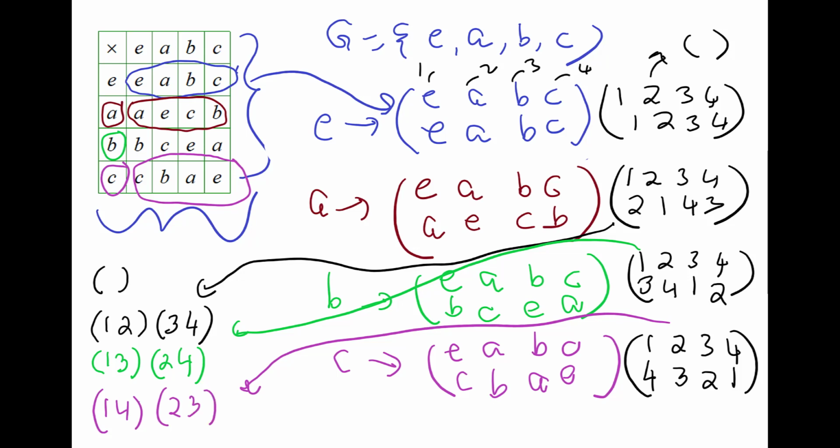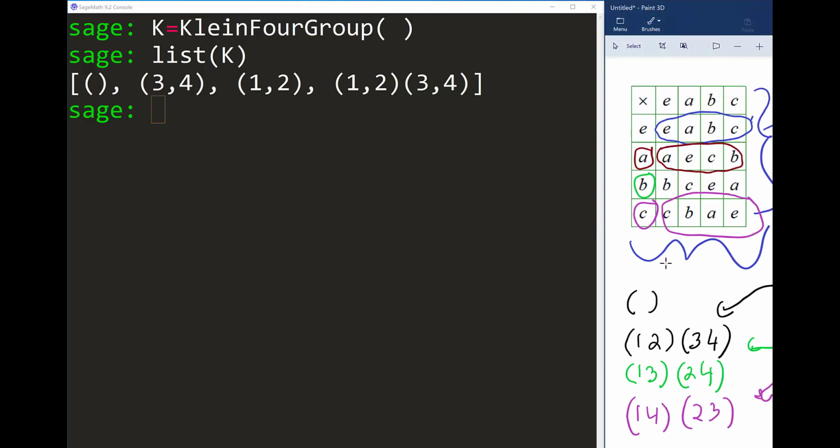So we have these 4 permutations, and let's quickly see what Sage gave us. What we see is that our list is right here, right? And in this, if you see, only 1, 2, 3, 4, that one matches with an output there in Klein's 4 group, and these two look different.